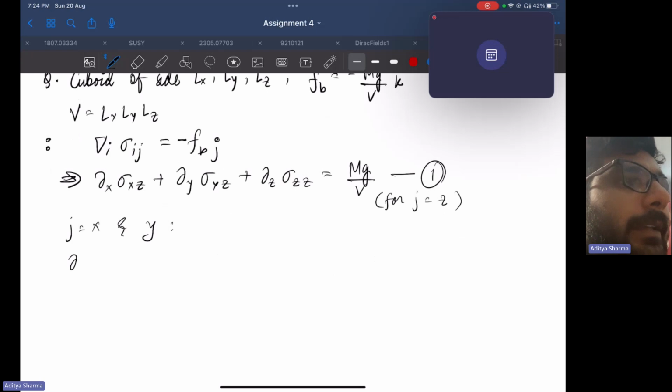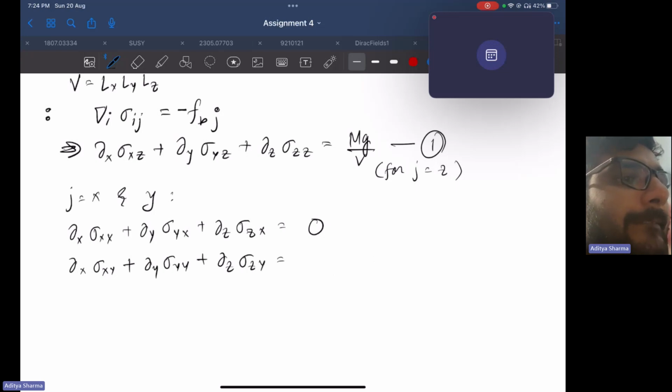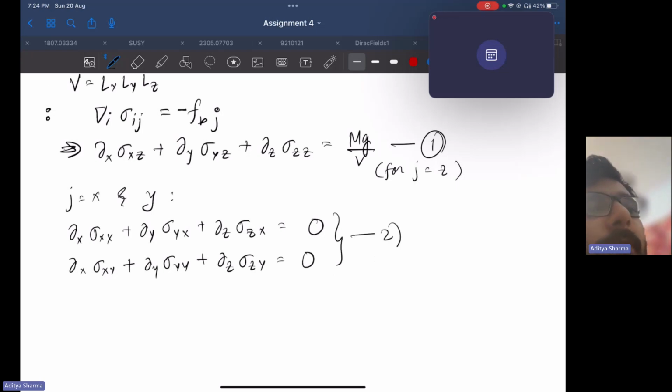So we'll have del x sigma xx plus del y sigma yx plus del z sigma zx is equal to 0, del x sigma xy plus del y sigma yy plus del z sigma zy equal to 0. These are the two equations, 2 and 3.